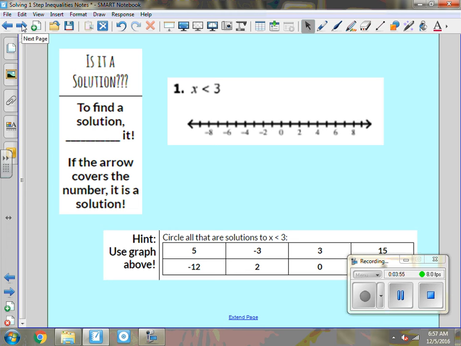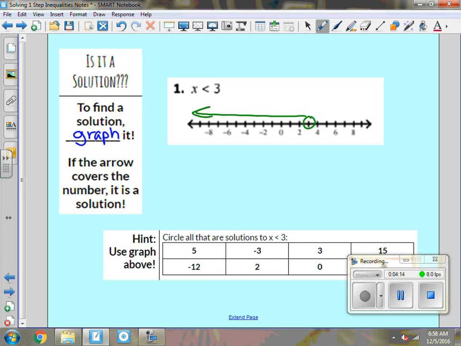Now when we're trying to figure out if it is a solution, we need to graph it. So go ahead and write graph on your notes. And if the arrow covers the number, then it's going to be a solution. Now we already graphed x is less than 3. We had an open circle at 3, and the arrow was going to the left.